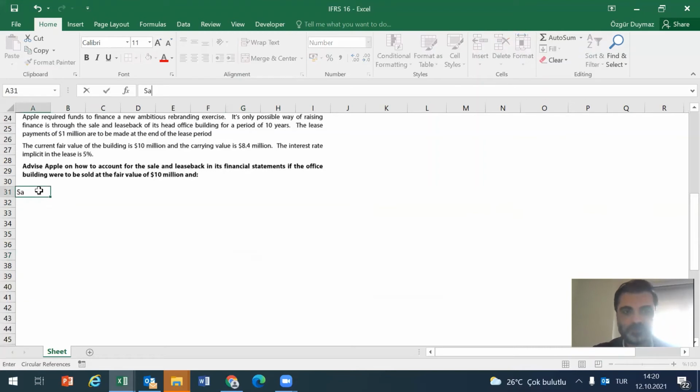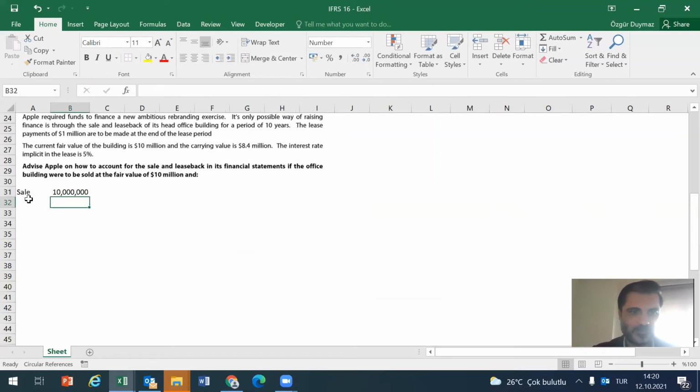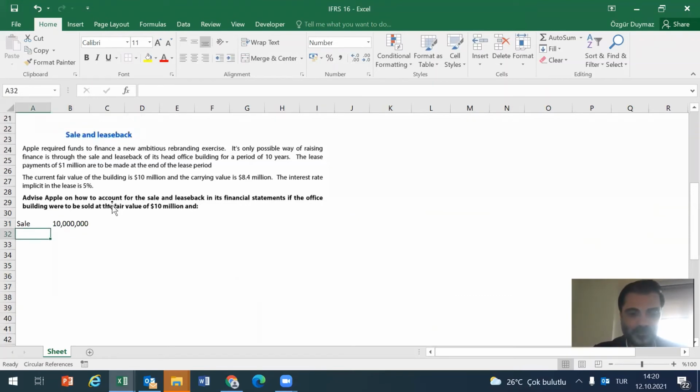This is the sale amount, 10 million here. Fair value is also the same as the sale amount. Under normal circumstances, in this type of arrangement, fair value should be equal to or very close to the sales value. If there is a significant difference between them, it would affect the accounting treatment.